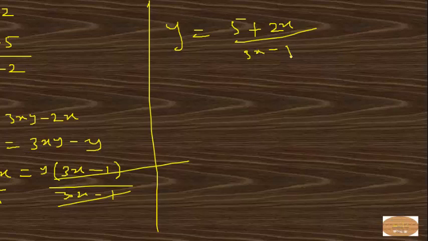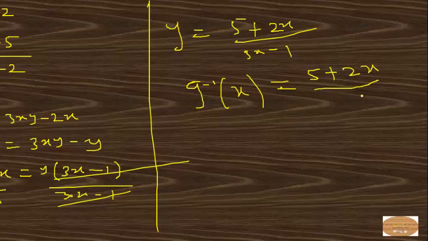So that's the g inverse. G inverse is 5 plus 2x over 3x minus 1.